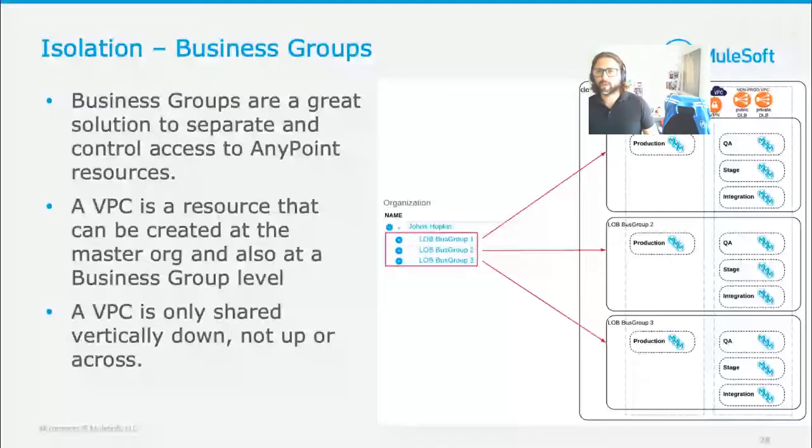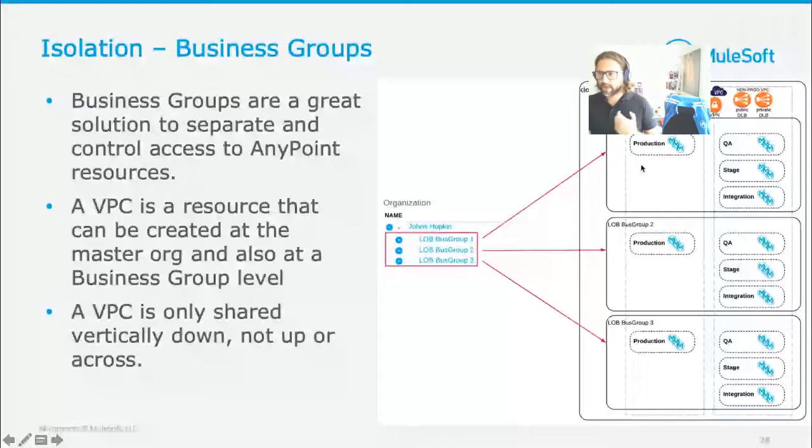So these 3 business groups will be sharing the same VPC. And from the point of view of the business group, the users of this business group will be seeing only the resources, the applications of this business group. But behind the scenes, all these business groups will be publishing their applications in the same VPC, in the same subnet.